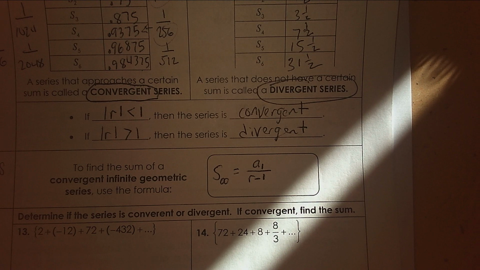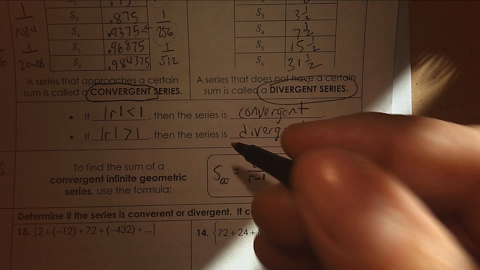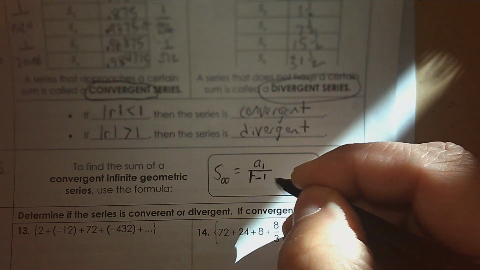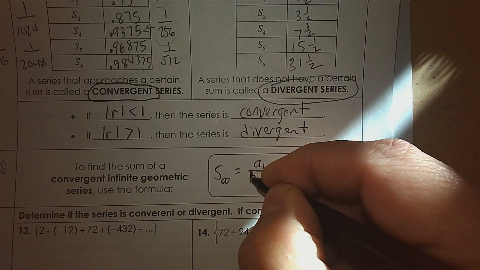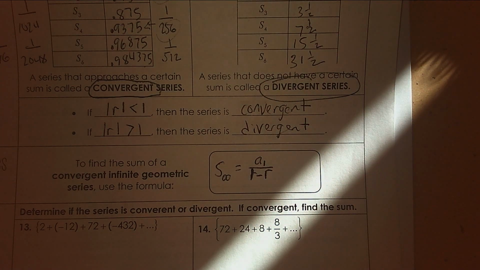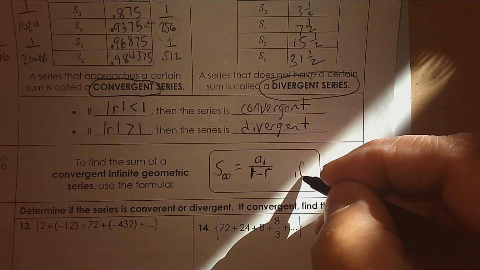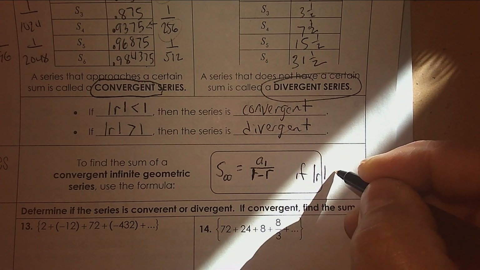So in the numerator, take that away, and what are you left with? A1 over, oh, not R minus 1? Huh? Let's make this right. 1 minus R. Thank you. That's only if the absolute value of R is less than 1.